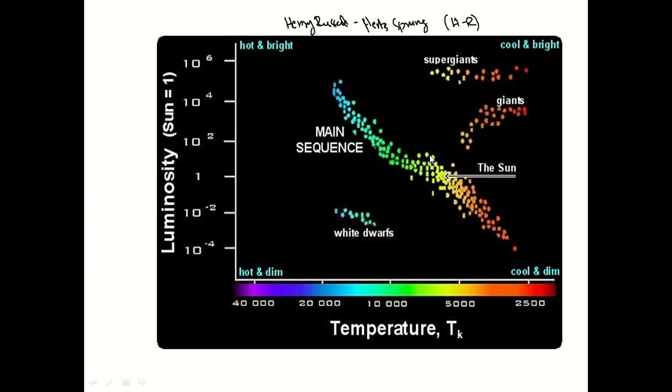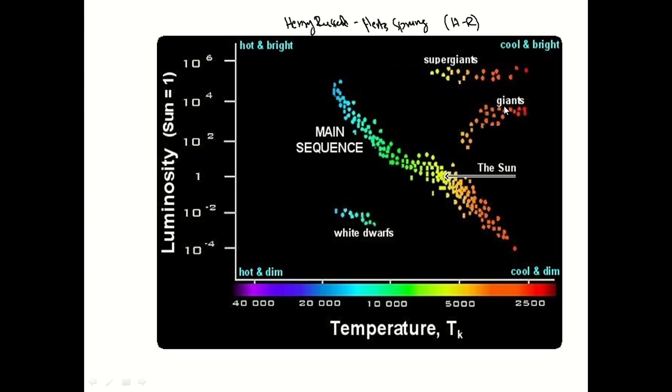The cool and bright stars on the right top corner of the HR diagram are called giants and supergiants.